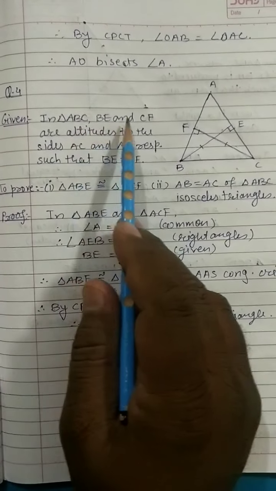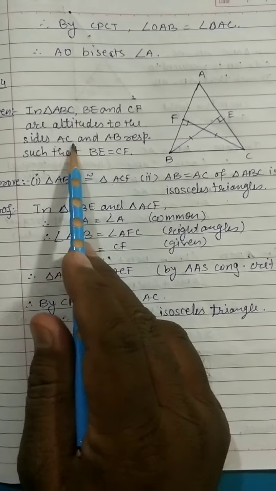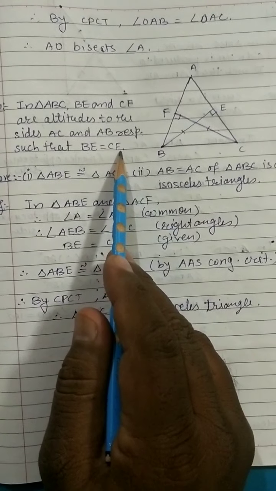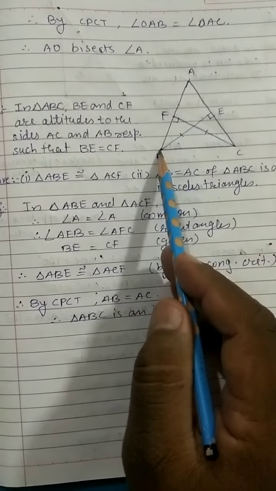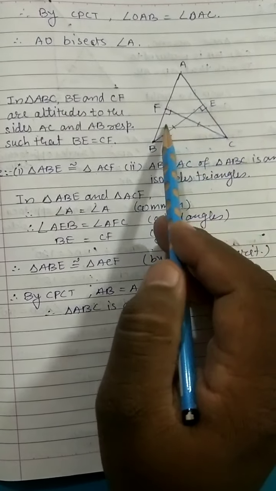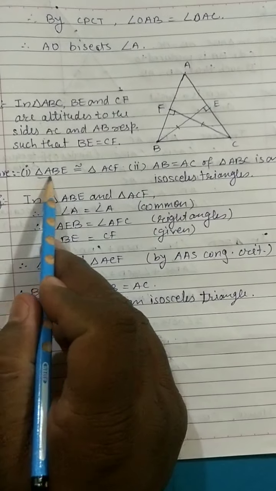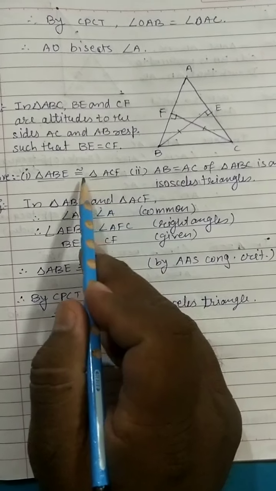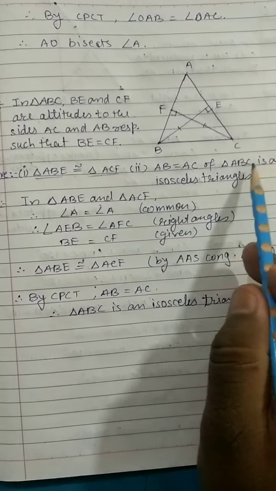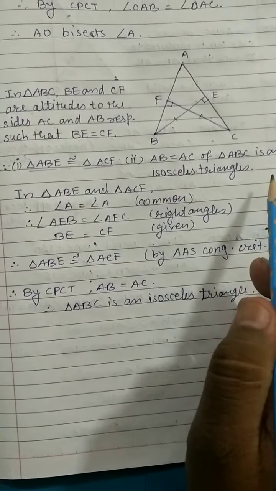In triangle ABC, BE and CF are altitudes to the sides AC and AB respectively, such that BE is equal to CF, right? This is the triangle in which CF and BE are the altitudes which are given equal to us. We have to show that triangle ABE and triangle ACF are congruent, and second, AB and AC are equal, or we can say triangle ABC is an isosceles triangle, right?